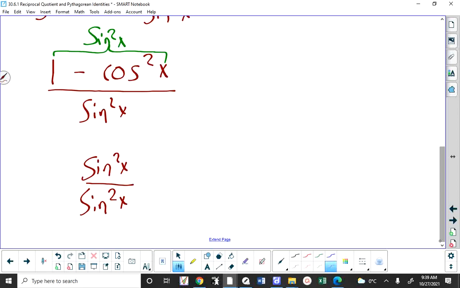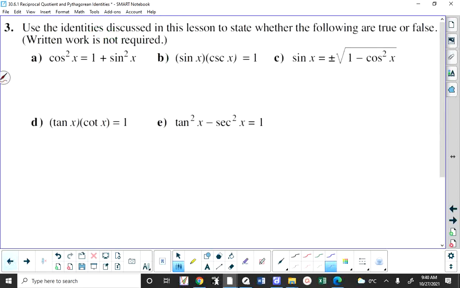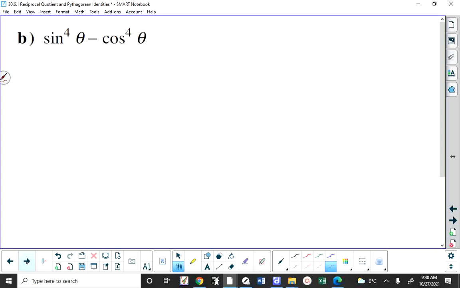5b. So suggestion number 1 on my list that I've given you is to write everything in terms of sine and cosine. It's done.